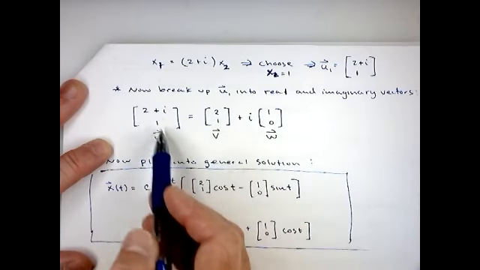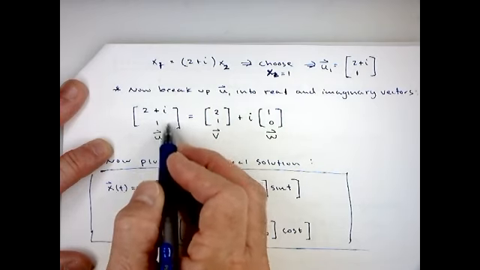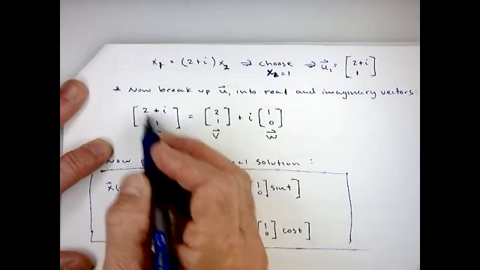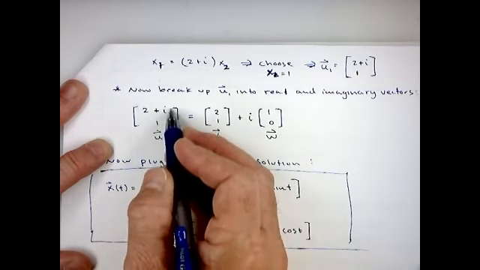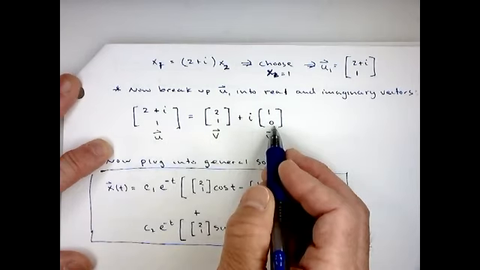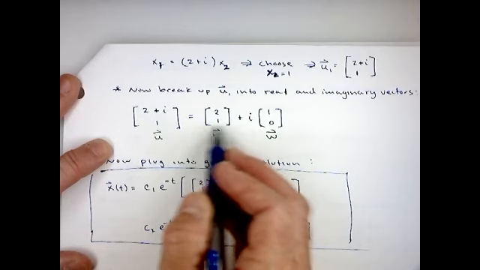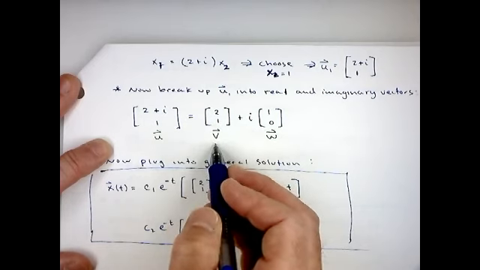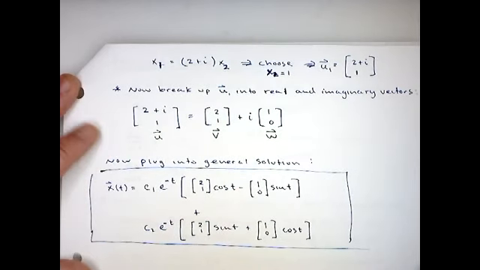So if you think about 2 plus i, and 1, there's no i there, the real part would be the 2 and the 1. And the imaginary part, well, there's a 1 there, and then there is no imaginary part for the bottom number. So this vector, the real part, is what we're calling v, and the vector associated with the imaginary part we're calling w.